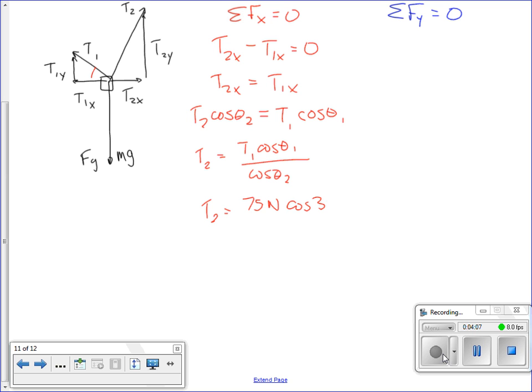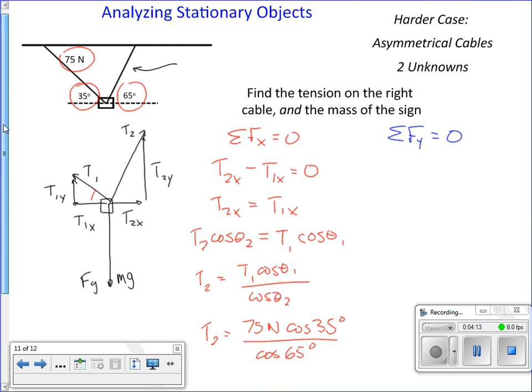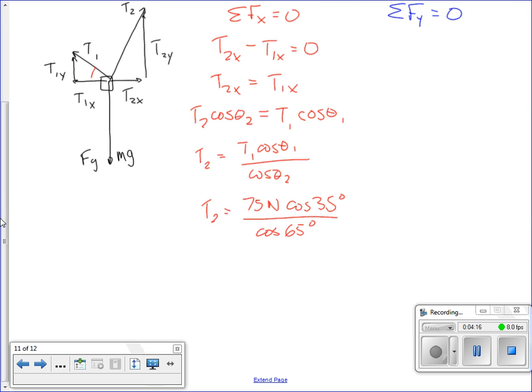T2 is T1, 75, cosine 35 divided by cosine 65? Yep. So 75 cosine 35 divided by cosine 65. So T2 is 145 newtons.